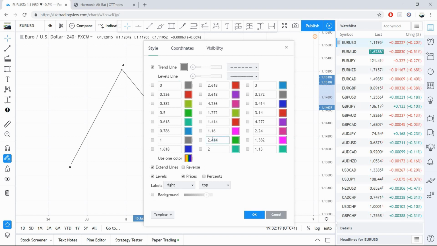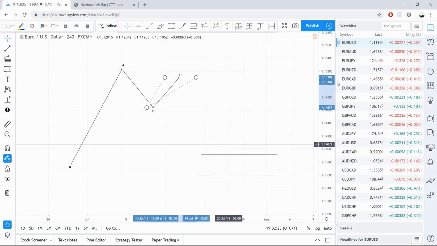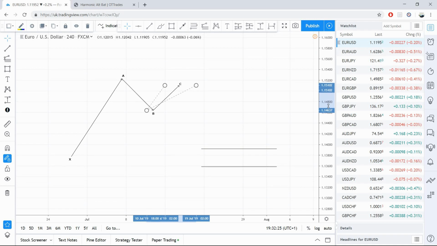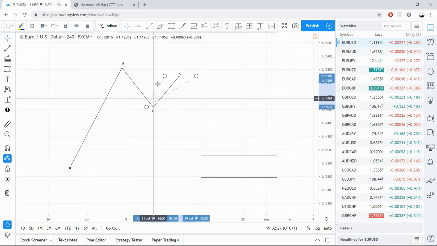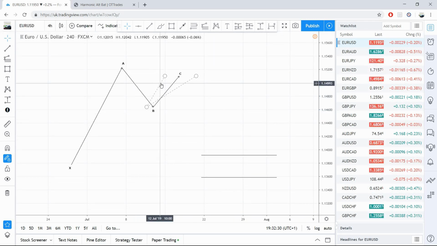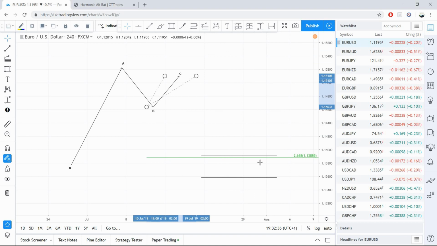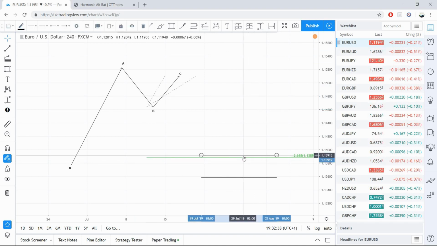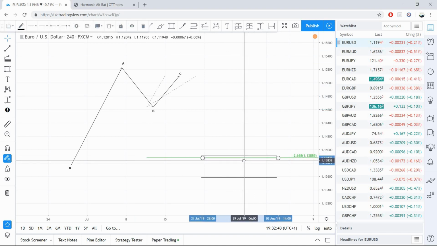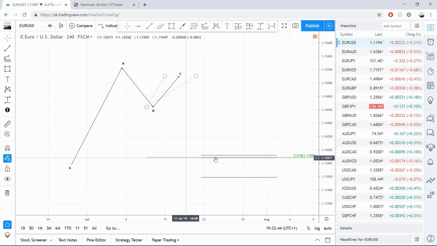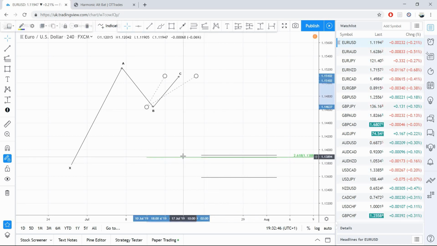Nope. 2618. Oh, I didn't tick it. So 2618 forms at this point here. Copy this down. So that is our third point of our potential reversal zone.